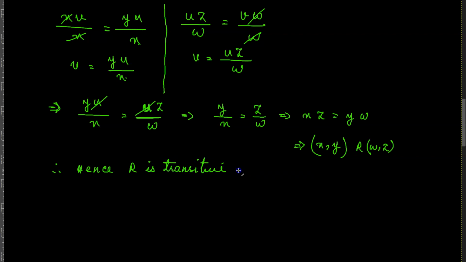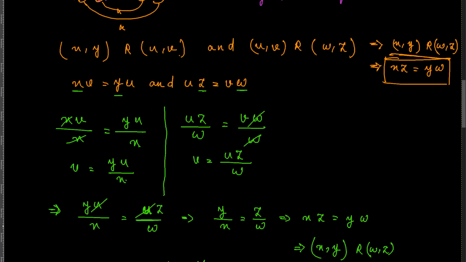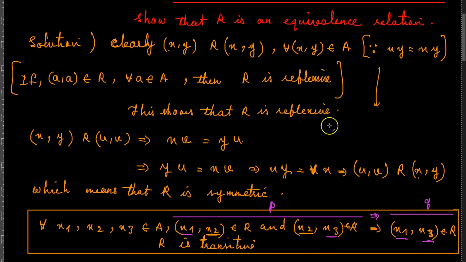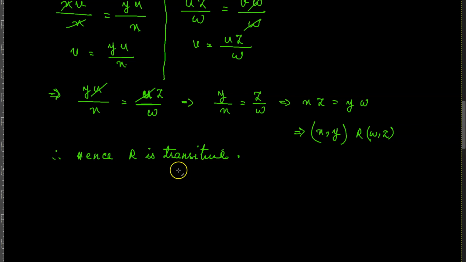Now, we showed that R is reflexive and symmetric and transitive, and hence R is an equivalence relation, right?